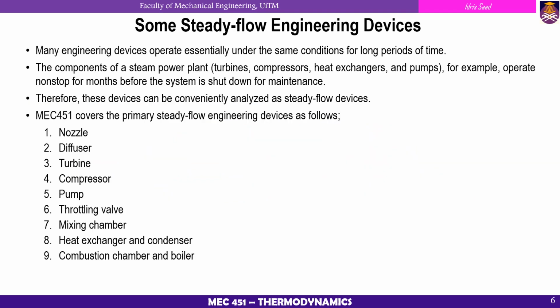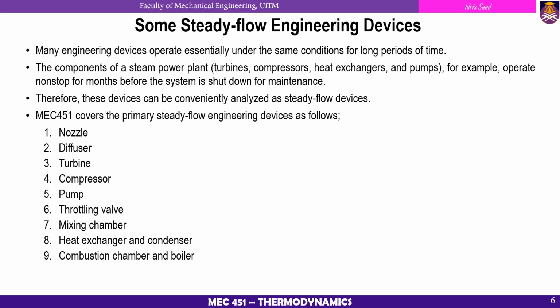Basically, many engineering devices operate essentially under the same condition for a very long period of time. That means these devices will run continuously without stopping for a very long time.